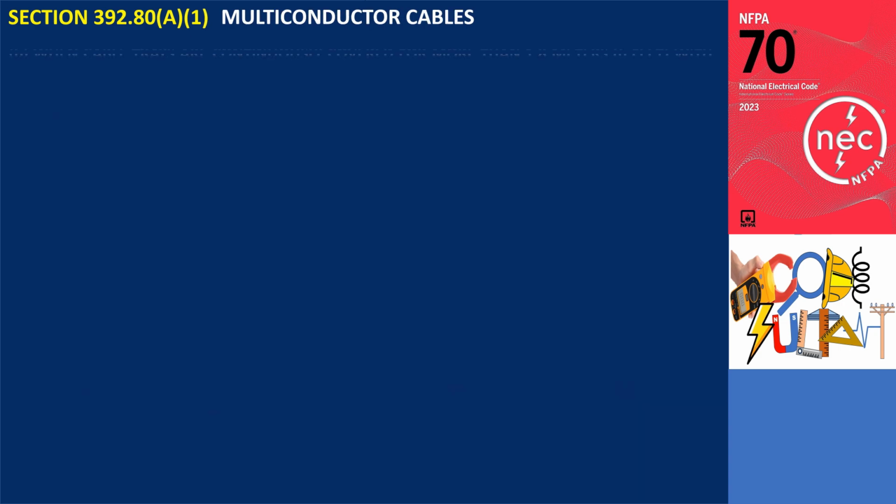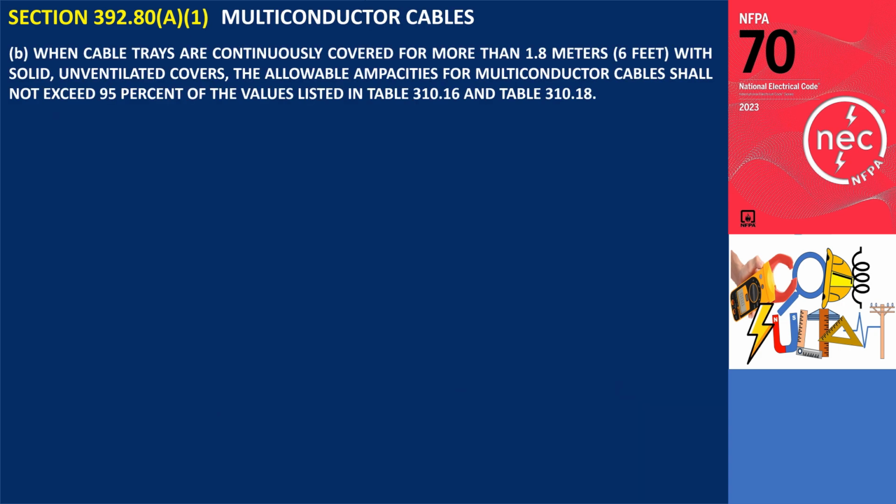Subsection 392.80(A)(1)(b). When cable trays are continuously covered for more than 1.8 meters, 6 feet, with solid, unventilated covers, the allowable ampacities for multiconductor cables shall not exceed 95% of the values listed in Table 310.16 and Table 310.18.